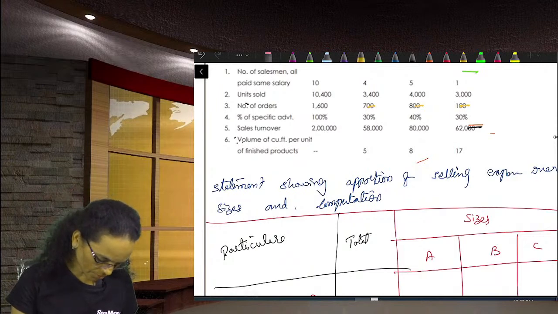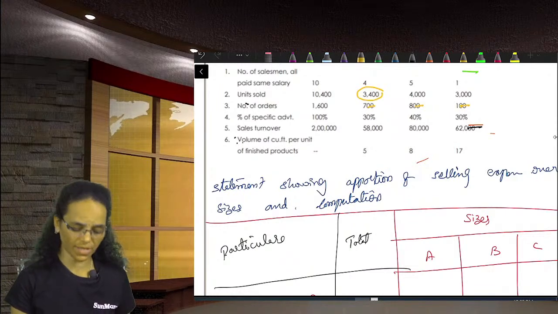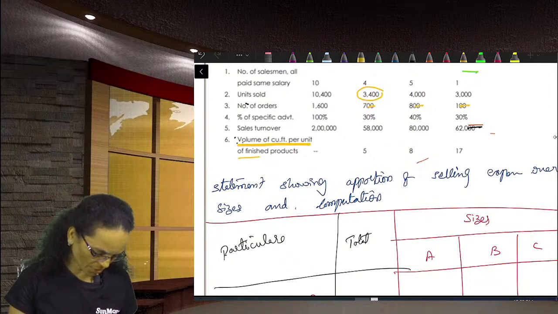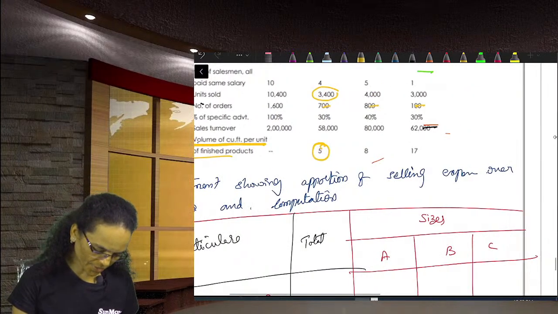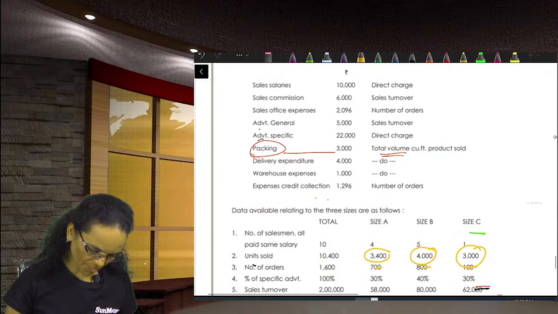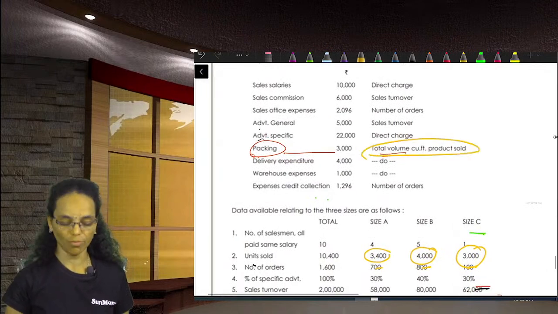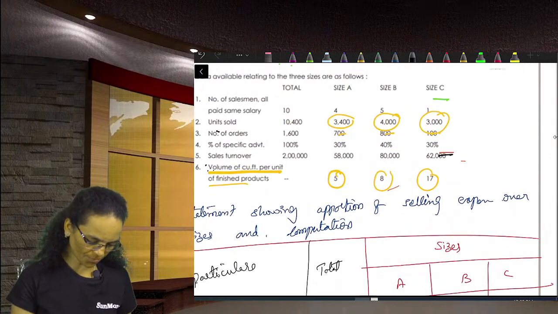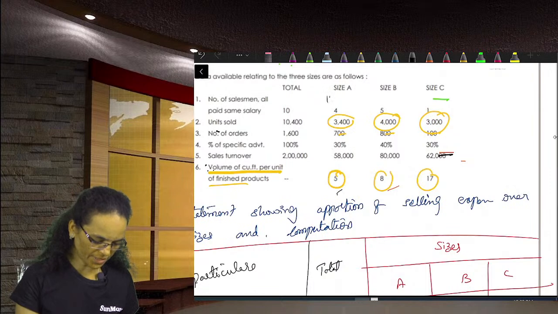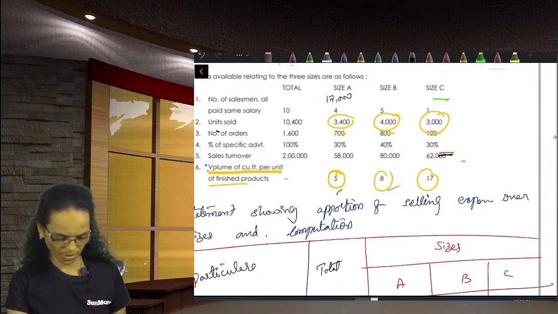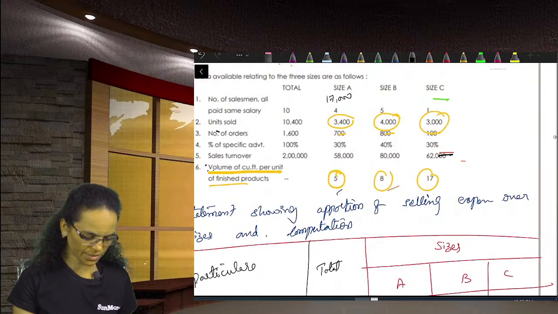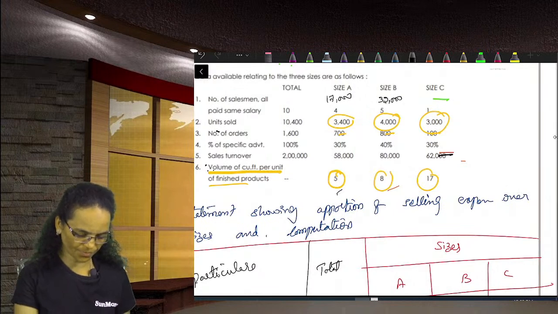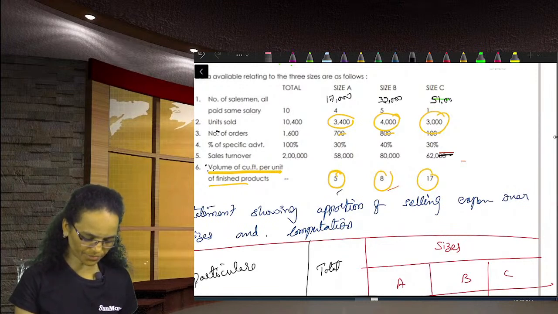Units sold 3,400 units from size A, and volume of this per unit is this one. So I can say this one into this one will be our total volume of product sold. 3400 into 5 is 17,000, 4,000 into 8 is 32,000, 17 into 3,000, that is 5,100.